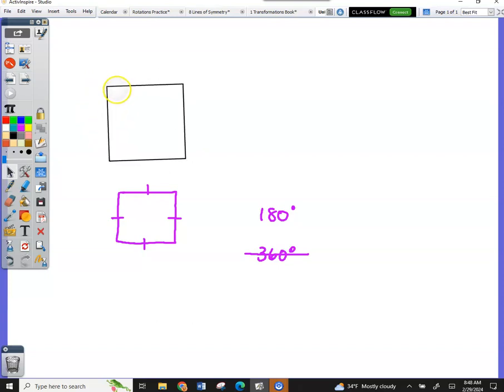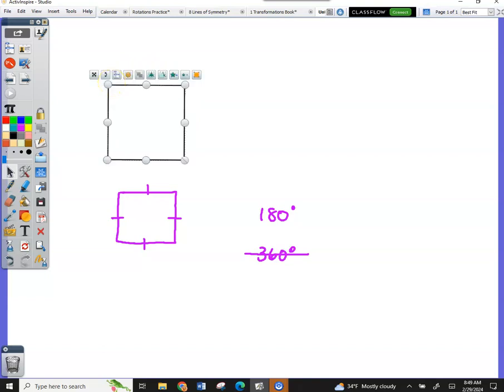Watch where my pen went from. I went from this top left corner to the bottom left corner. How many degrees do you think that is? 90. How many degrees do you think this is? 180. How many degrees do you think this is? 270. And then now notice I'm right back where I started.